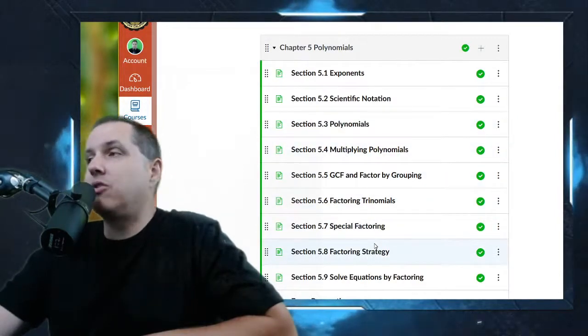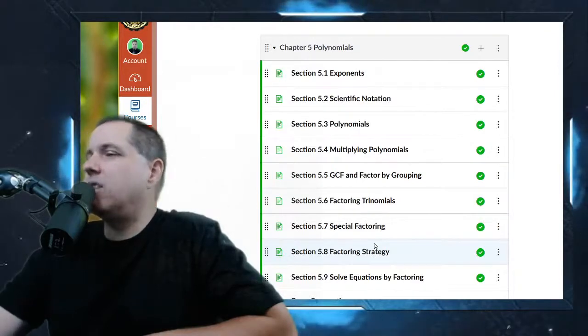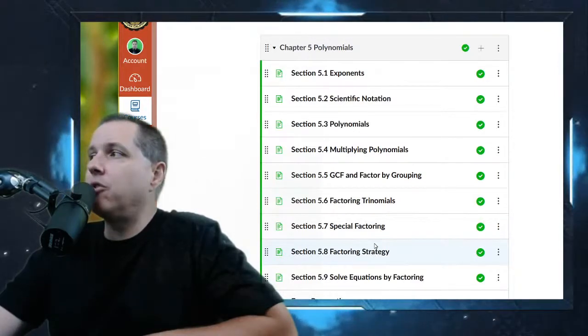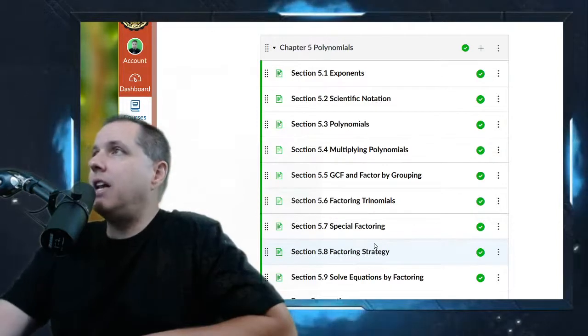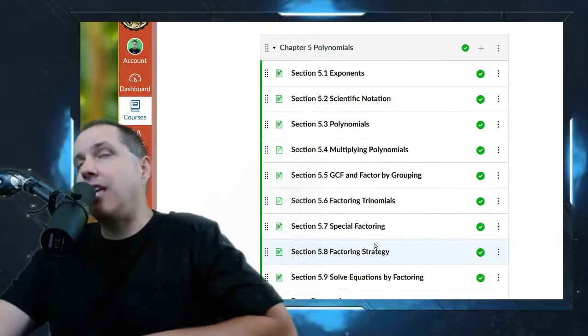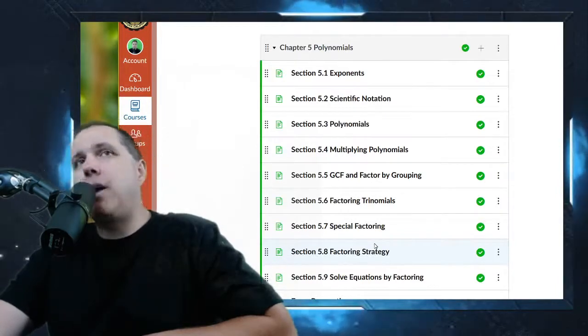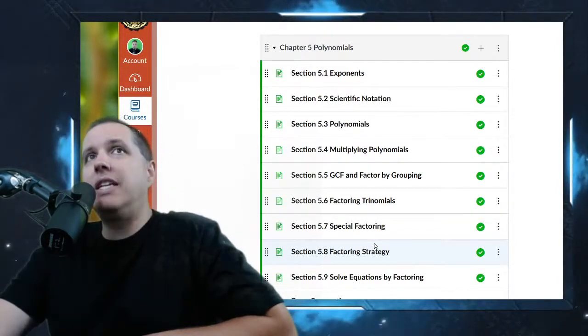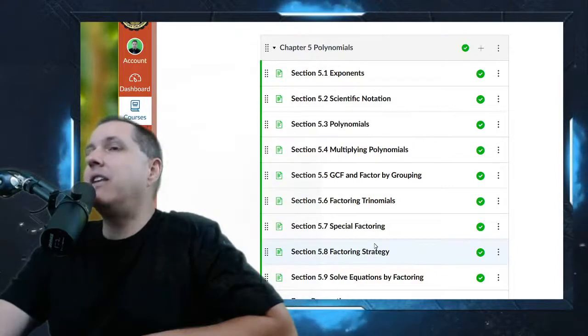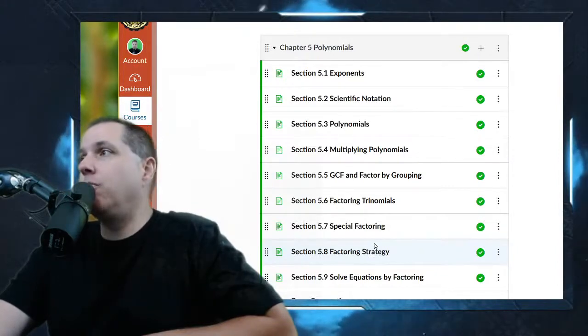Multiplying polynomials is actually not too bad once you get the hang of it. Factoring is difficult, and I mean, from a mathematical standpoint, it is difficult. People can have opinions about what is more difficult than others, but in this case, it's scientific that factoring is harder to do than multiplying.